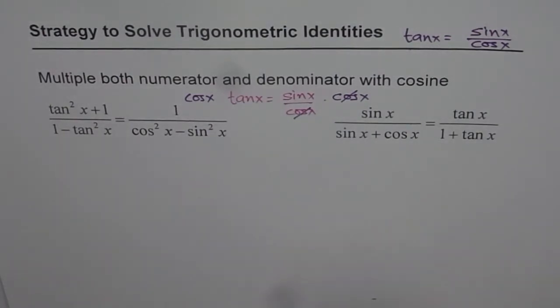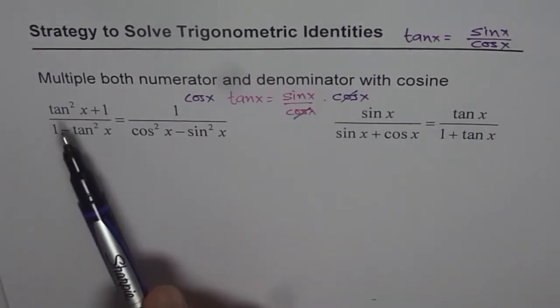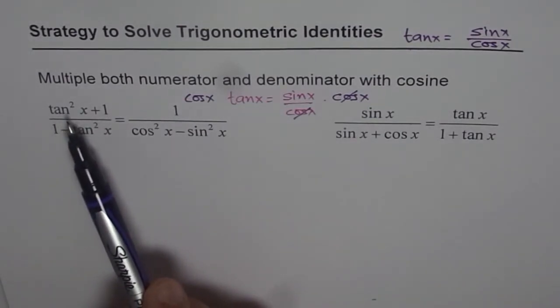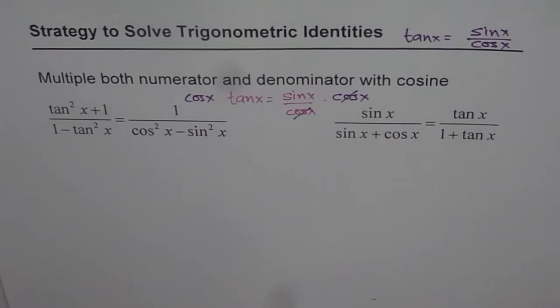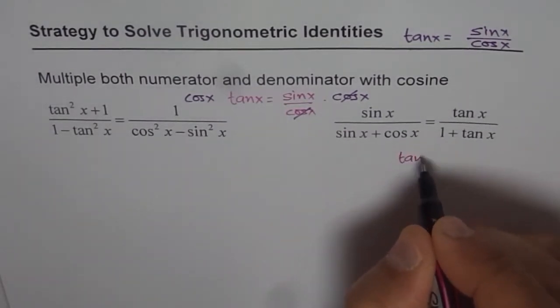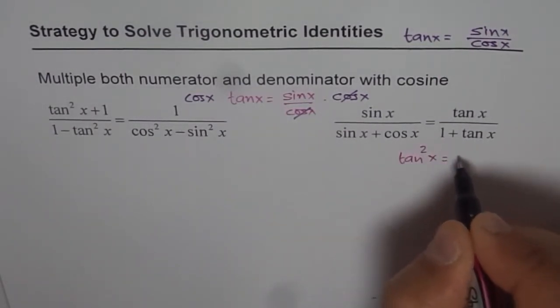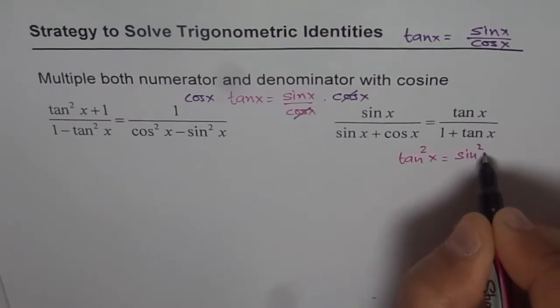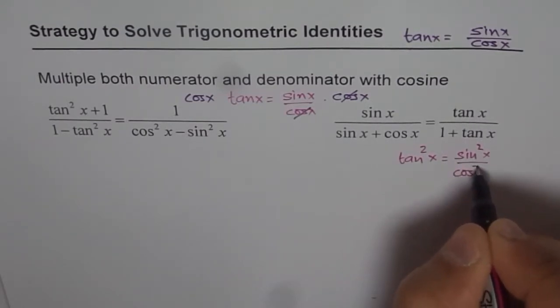So I can multiply and divide by cos x. If I have tan square x, I'll multiply and divide by cos square x. Do you get the idea? Then I simplify to a large extent. Look at it once again. If we have tan square x, that means it is sine square x over cos square x, correct?